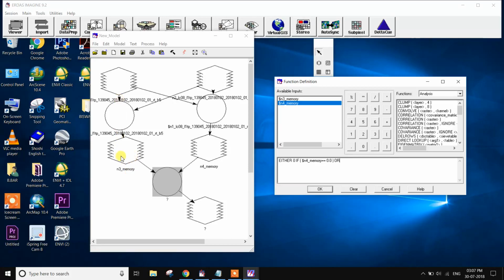So there is the near infrared minus red, memory 3, divided by memory 4, otherwise.